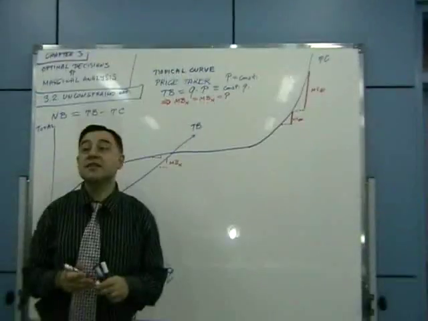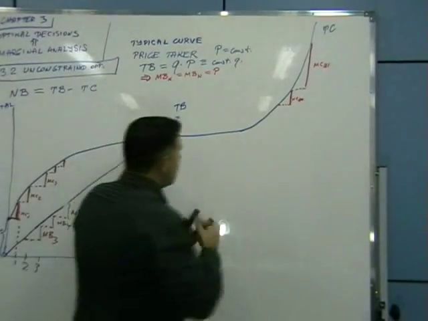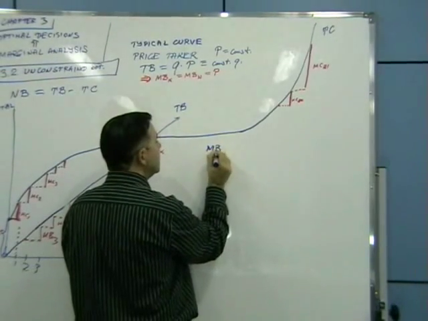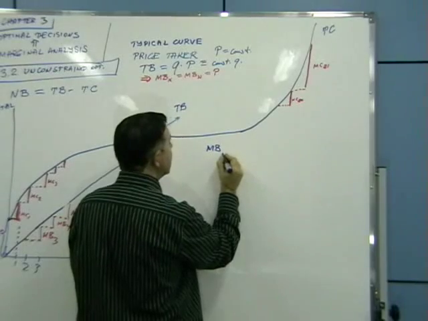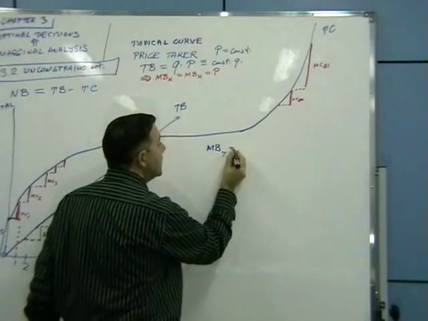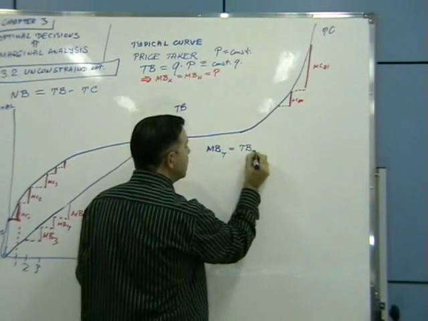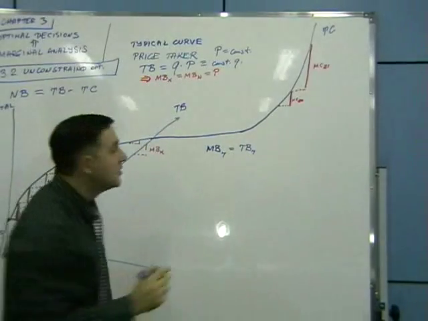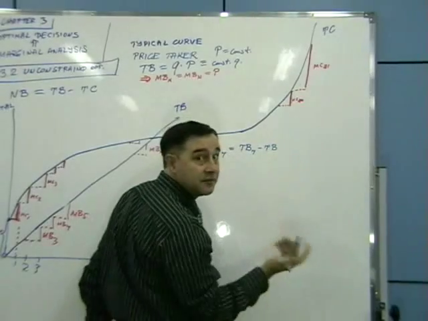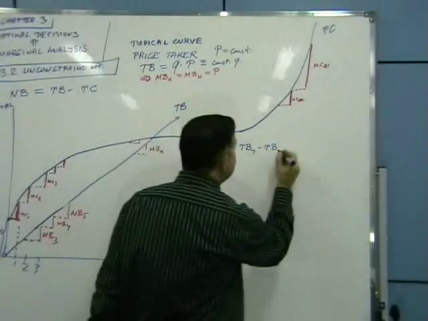Alright, apparently some people don't see it. Let's clarify this. So, let's write this out. Marginal benefit of, let's say, the 7th element. This is number 7, alright? Is equal to total benefit of 7, correct? Minus total benefit of 6.